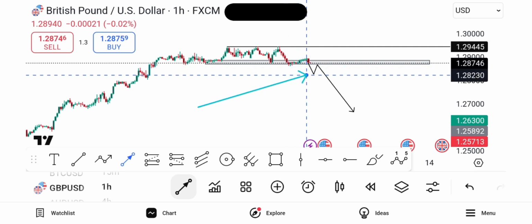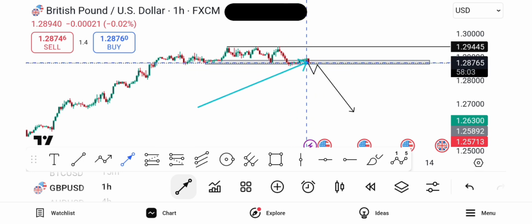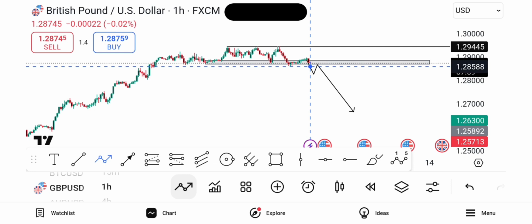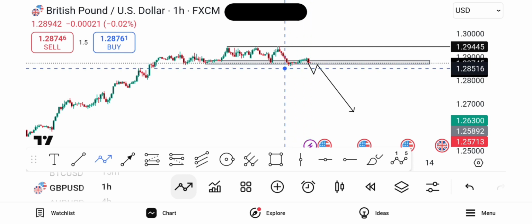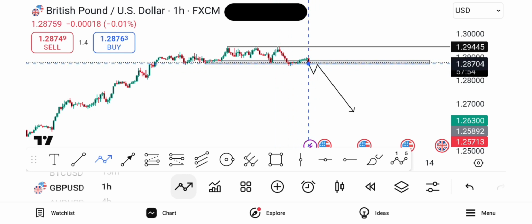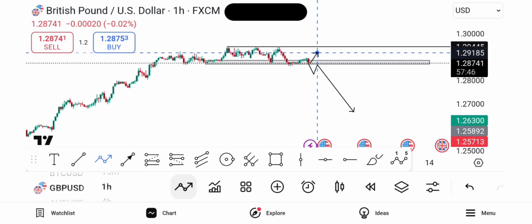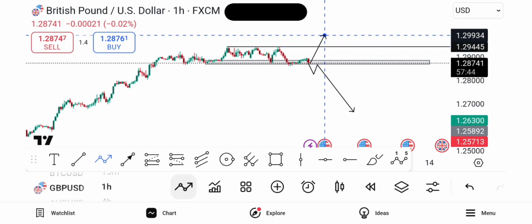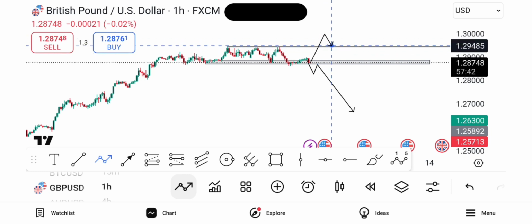Because if you rush for entry right now here, there's what the market can do. The market reaches this zone, it can come back, then break above it, and then make a retest back here after moving up.